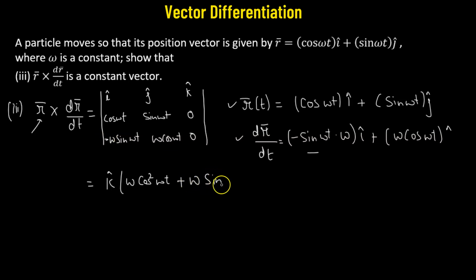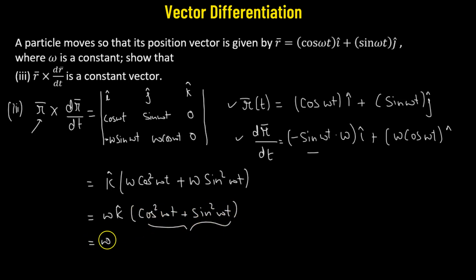So we have omega times sine squared omega t. If we take omega as the common factor, we are left with cosine squared omega t plus sine squared omega t, which is an identity with a value of 1. So we have omega times k cap. k cap is a constant unit vector, and omega is a scalar, which is a constant. So that means the cross product between vector r and its first derivative with respect to t is a constant vector.